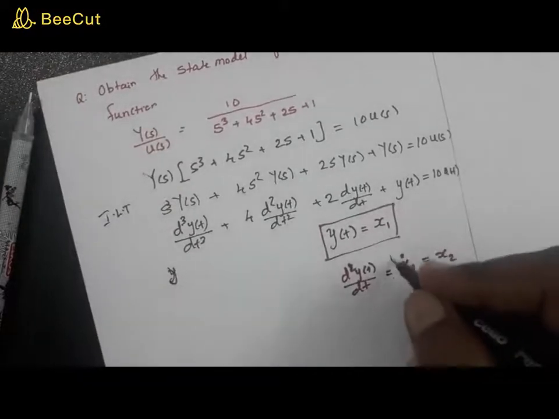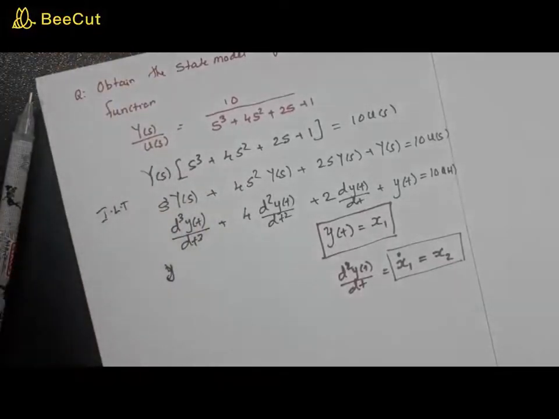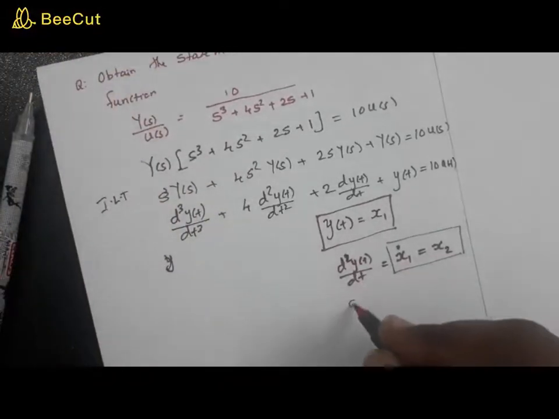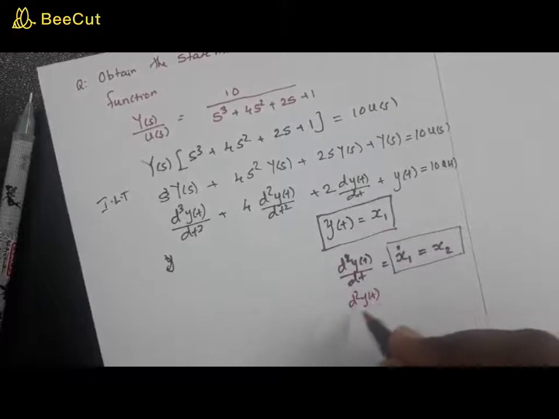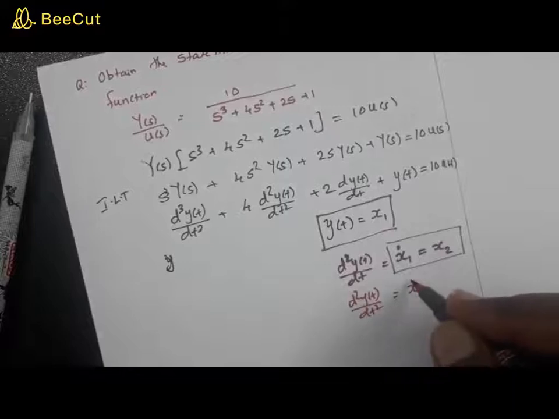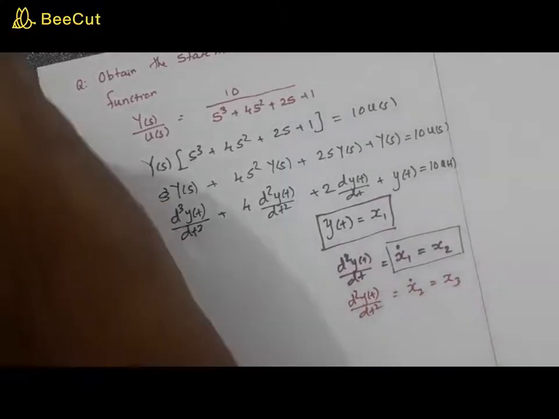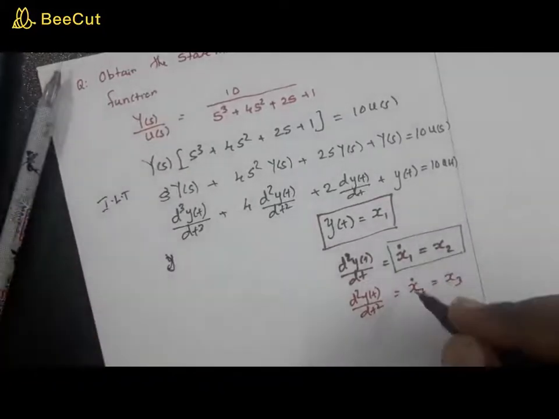So x1 dot is equal to x2. Next you have d squared y(t) by dt squared, which is x2 dot, and that can be assigned as x3. So that is your x3.